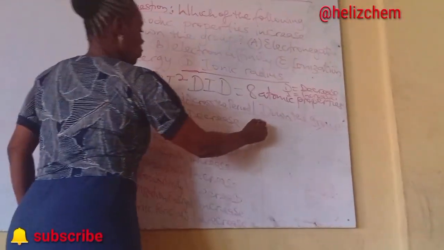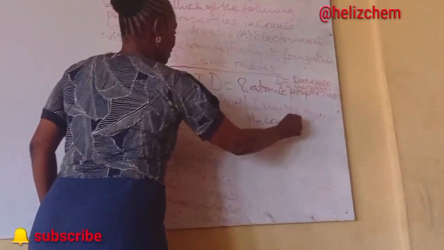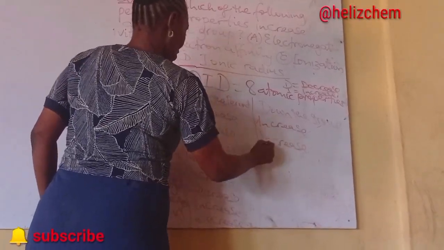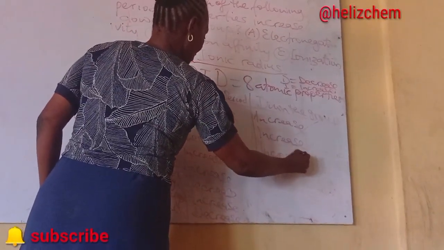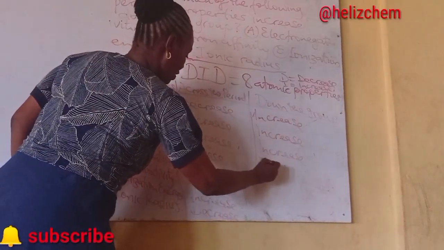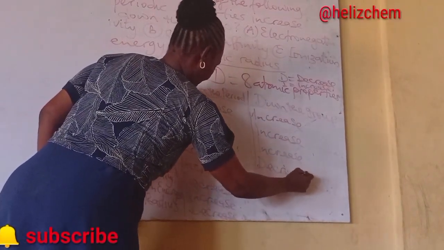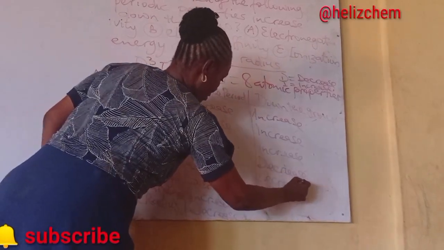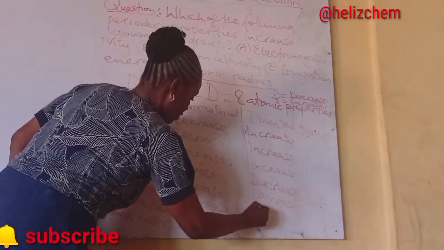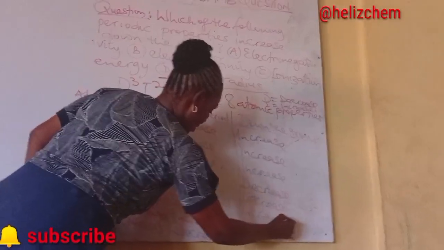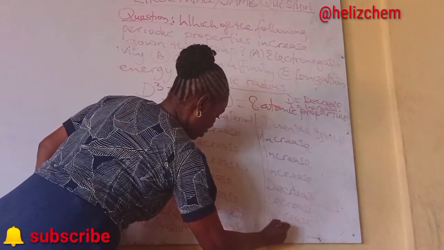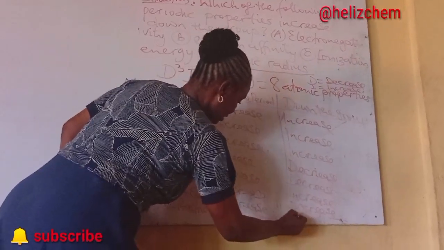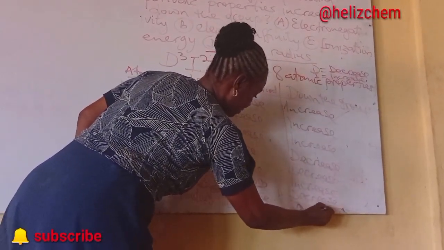So for down the group, we have increase, increase, increase, decrease, decrease, increase, decrease, and increase.